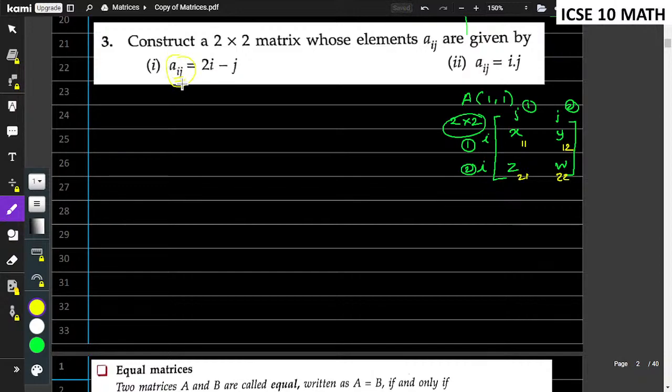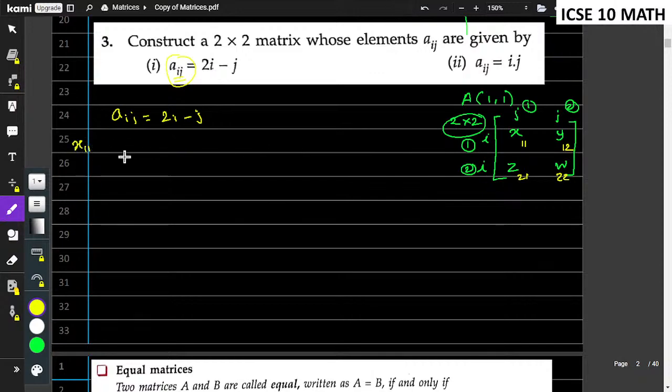So that is what A I J is, these numbers, right? Now here they have given this kind of formula: A I J is equal to 2 times I minus J. So in place of I and J, we just have to substitute these numbers. What is the first position we have?